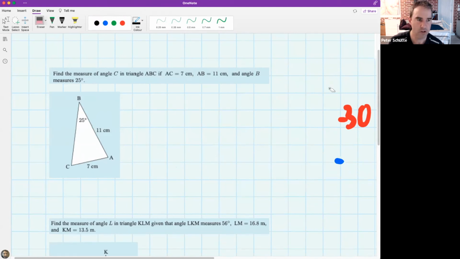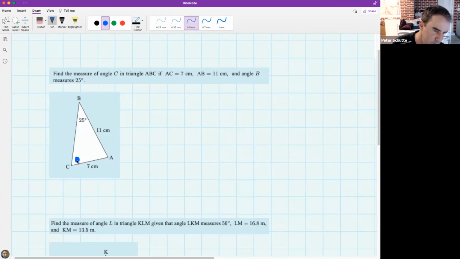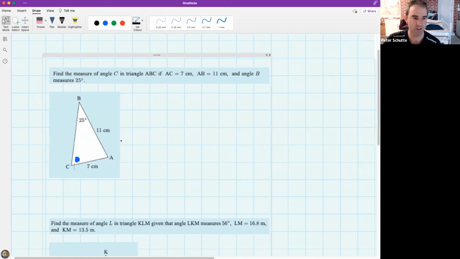So I want you to find me angle C. I want you to find the angle C using this triangle. And I want you to use the sine rule.